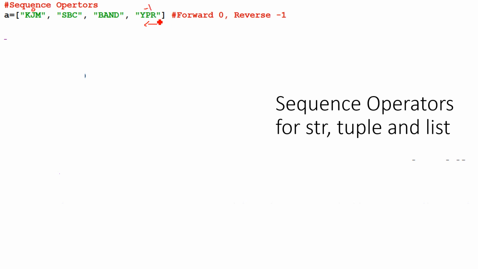So -1 indicates the last value, the preceding value will be -2, -3 and so on. So we can access the list either in the forward direction or in the reverse direction. Then we also have another list called B list, which has the details Krishnarajapuram, Majestic, Banaswadi, Yeshwantpura.